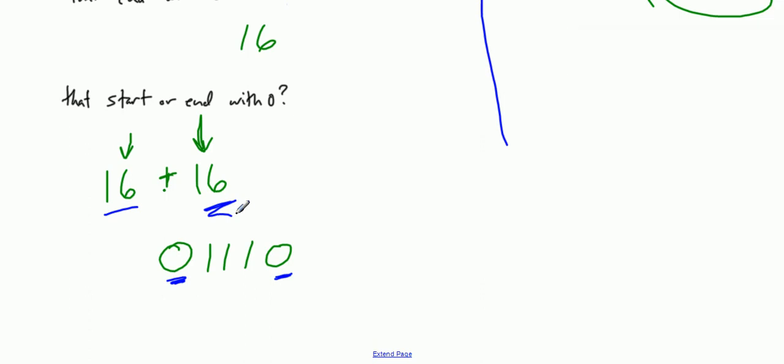So the key here is when we say or, we want to think about all the ways we can do one part, all the ways we could do the other, and put them together. But we have to be careful that we don't double count. In this case, we would be double counting all the ones that both start with a 0 and end with a 0. So if we think about all the ones that start with 0 and end with 0, that's 1 here, and all the others are 2.